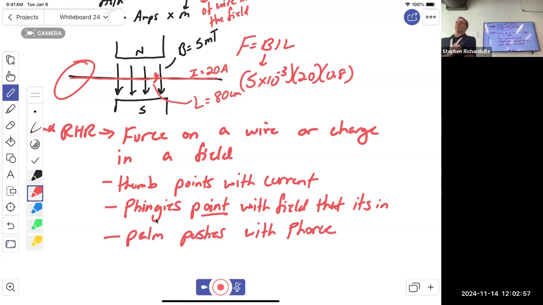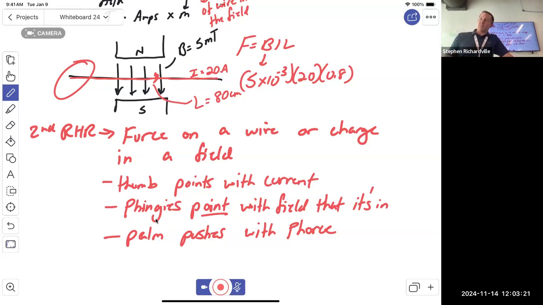So excuse the F on the field, but everything else looks pretty good. Okay, we all make mistakes. Palm pushes with a force. We good?